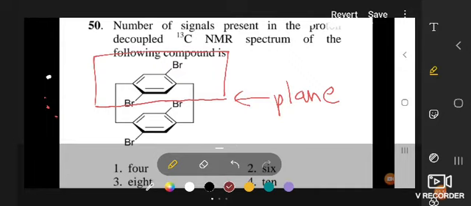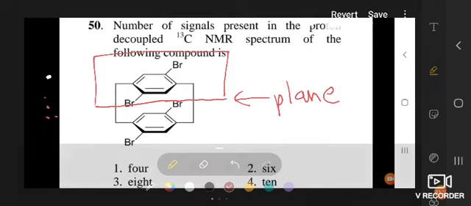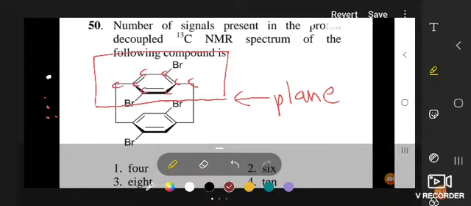After getting this part by adding a plane, we again have to see whether any other plane or center of symmetry is possible in that particular molecule or not. In this part, how many carbons in total? Here a total of 8 carbons are there.